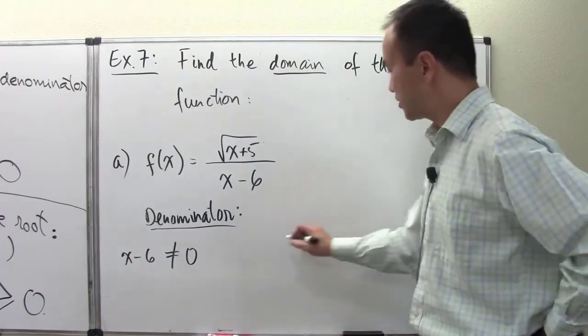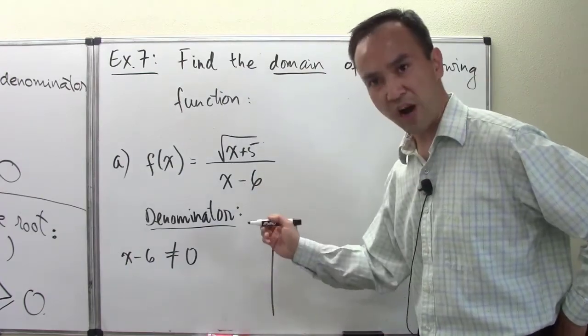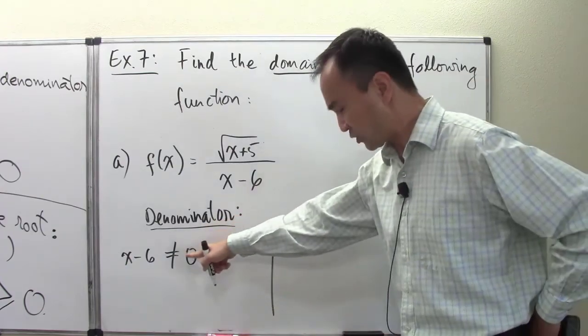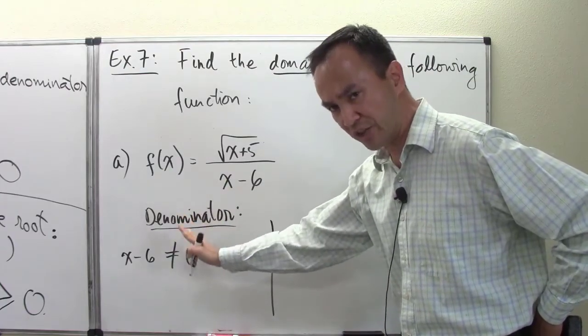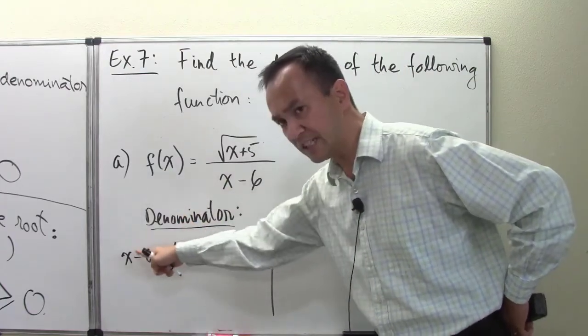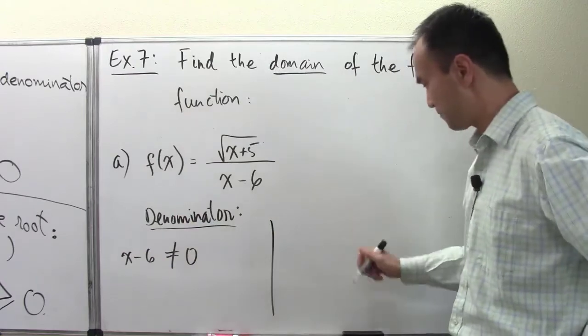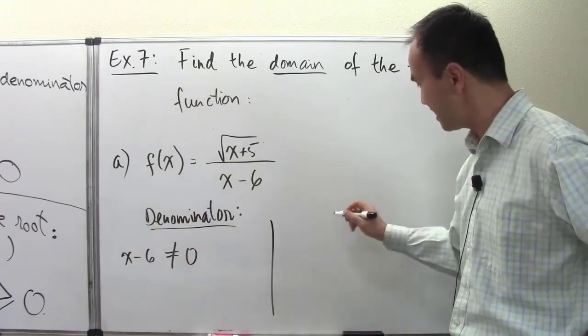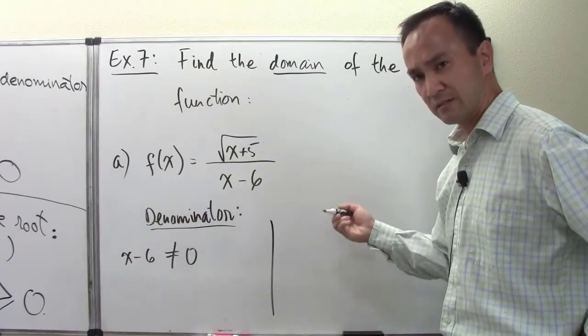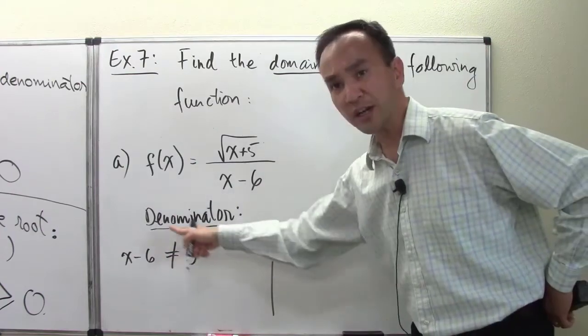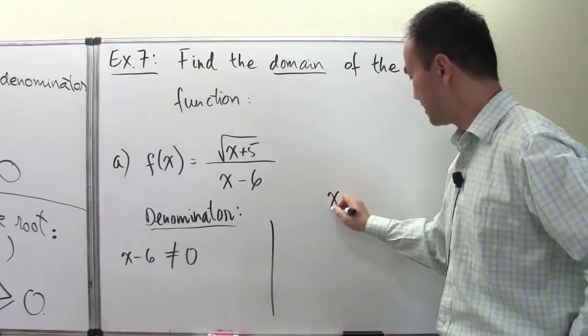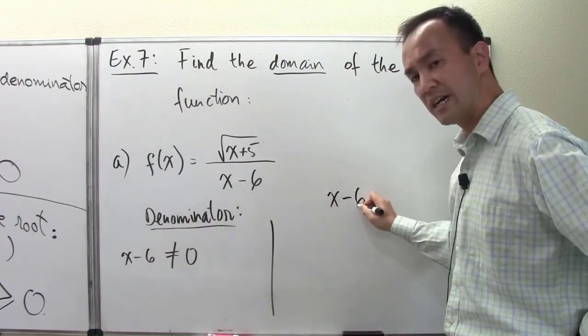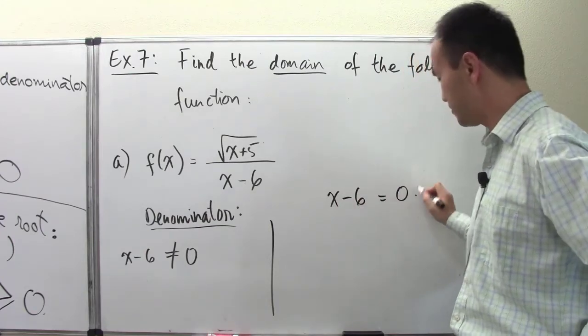So let's throw in some scratch work. We need to ensure that x minus 6, that entire denominator, is other than 0. The technique here is that we start out by letting the entire denominator equal 0.